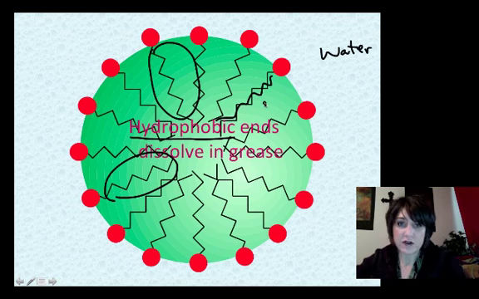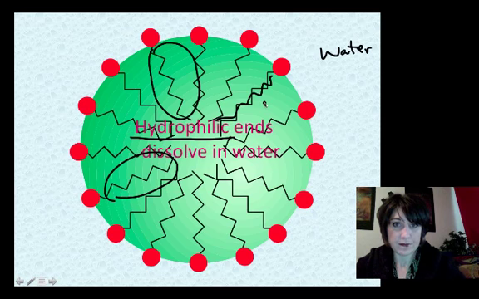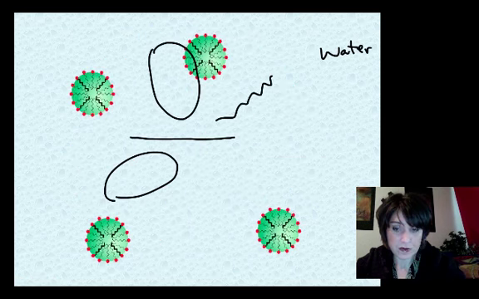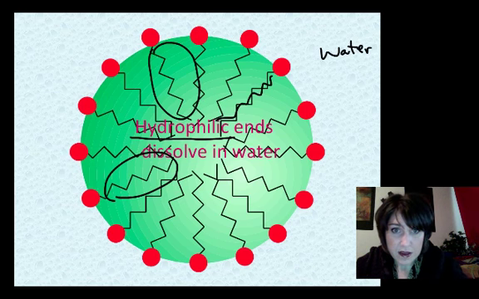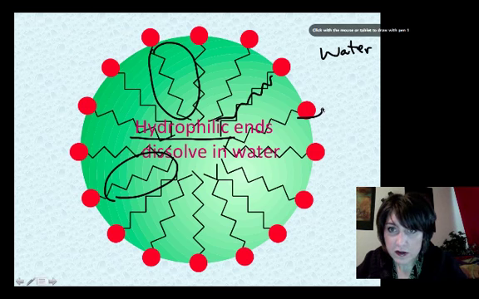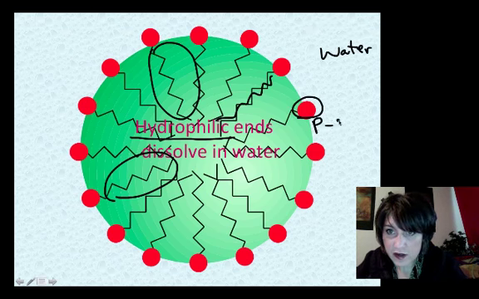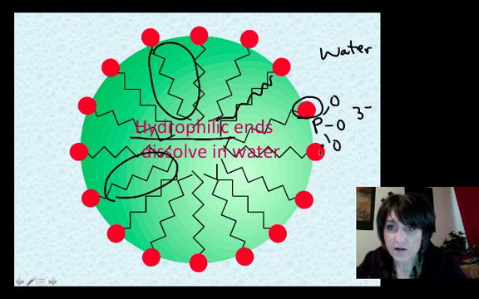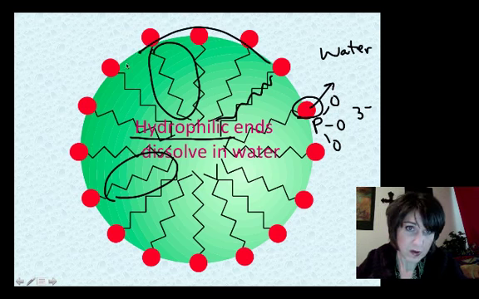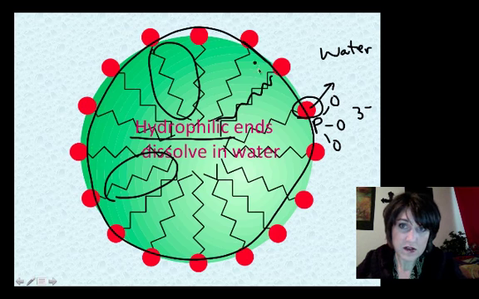But then the hydrophilic end does dissolve in water. This is the end of the molecule, remember, that has the phosphate on it. And that phosphate end is attracted to the water, and because of this, it makes a soap bubble, where they all sort of line up.